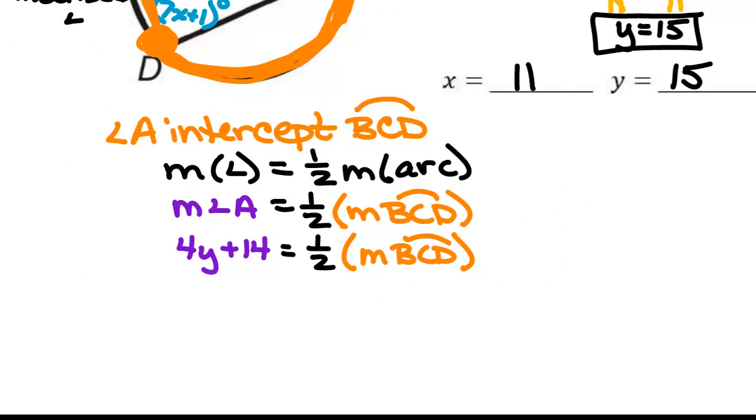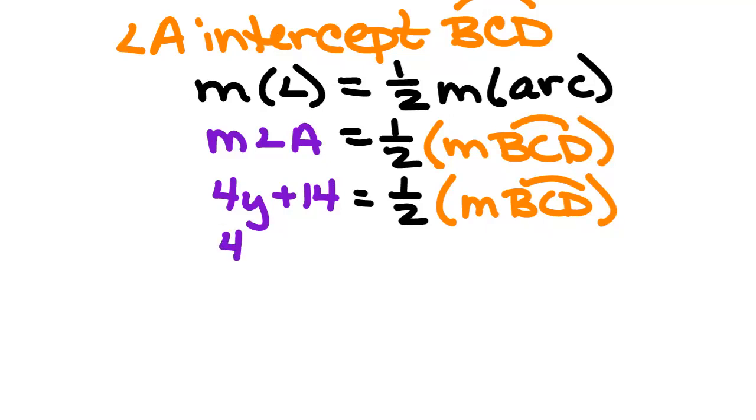And how big did we say y was? Y was 15. So 4 times 15 plus 14 equals 1/2 of arc BCD.